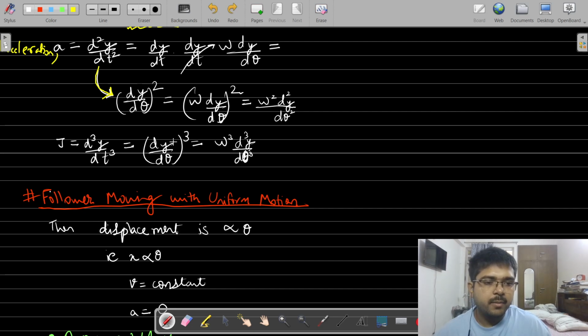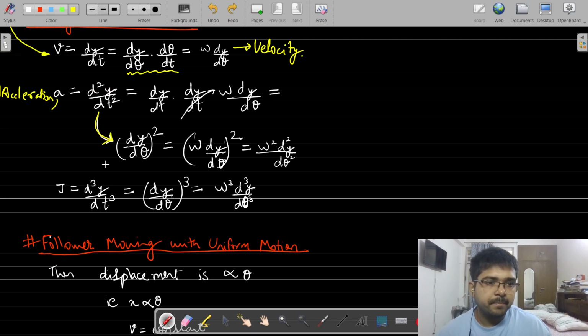We can write this in the form of d by dt of d square y by dt square. We know dy by dt is omega dy by d theta, so all that will become cube.